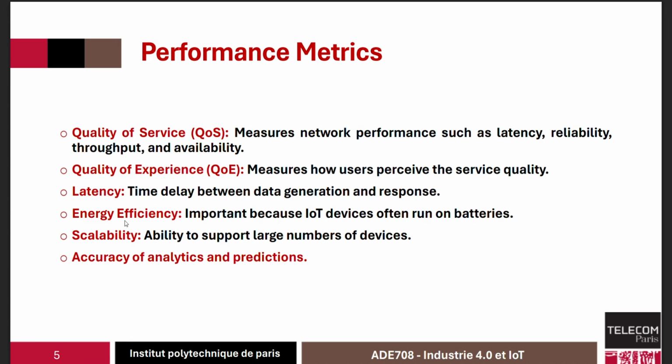After that we have scalability. A product used by 10 users is not the same as a product used by thousands and millions of users. So our product needs to be scalable, and this will be possible thanks to the cloud provider we choose. And at the end, we have accuracy of analytics and predictions.